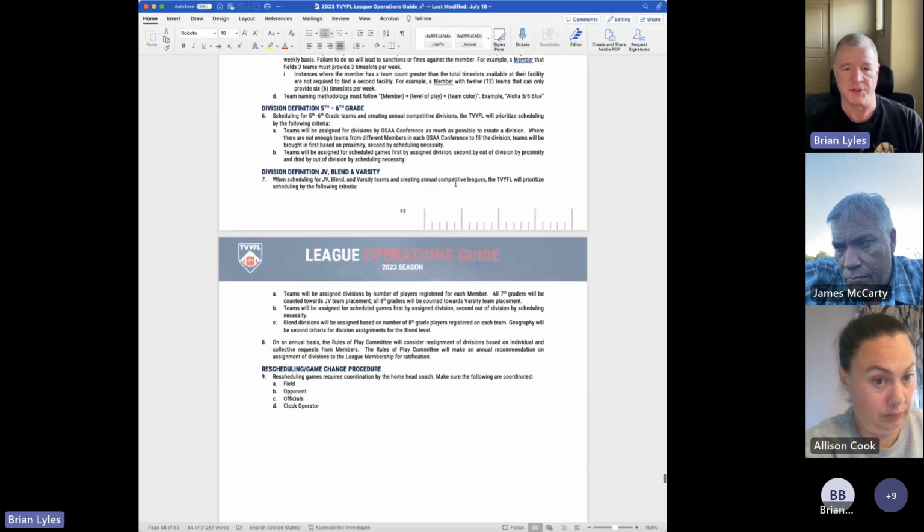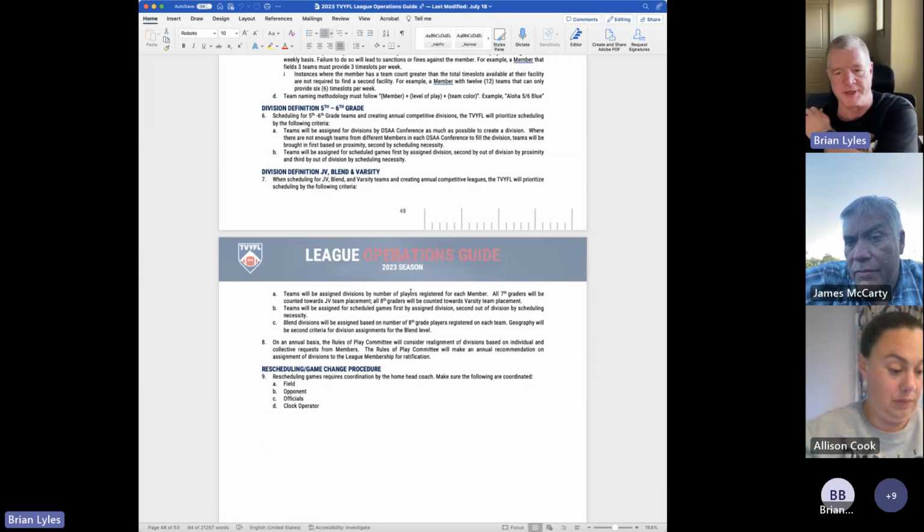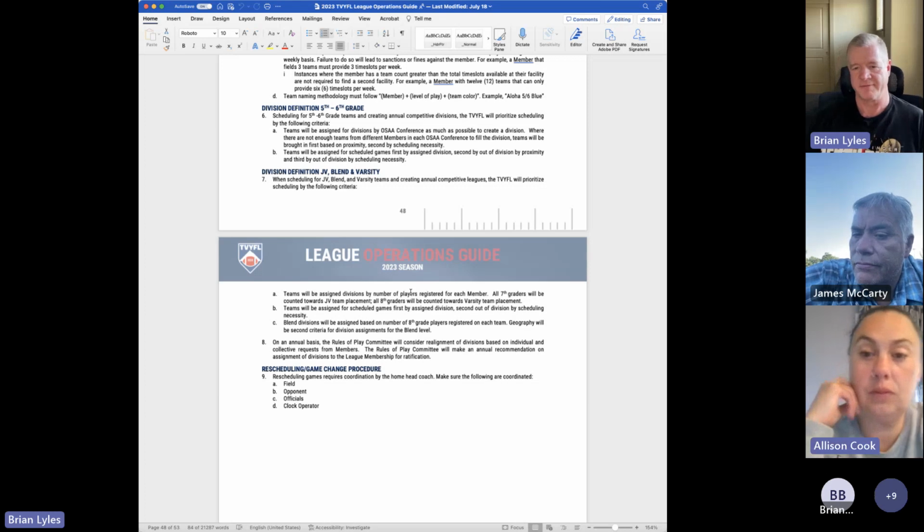When scheduling for JV, blend, and varsity teams, we prioritize the following criteria. Teams are assigned divisions by the number of players registered for each member. So for varsity, it's your total 8th graders. So if you have, let's say, 50 8th graders, you'll be matched against other associations that have roughly 50 8th graders.